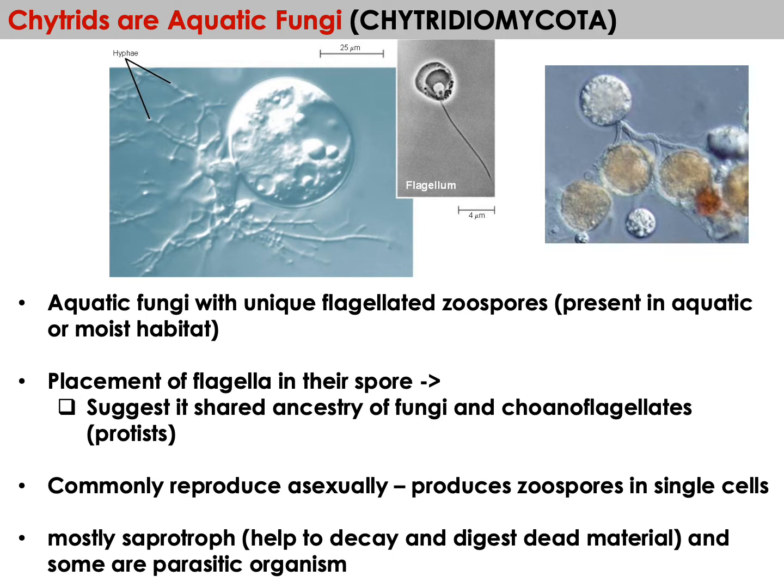They commonly reproduce by asexual reproduction, which produces zoospores in single cells. They are mostly saprotrophs, which digest their food. They help to decay and digest dead materials, and some are parasitic organisms. If you can remember, it is like the sperm of a human. So those are chytrids.